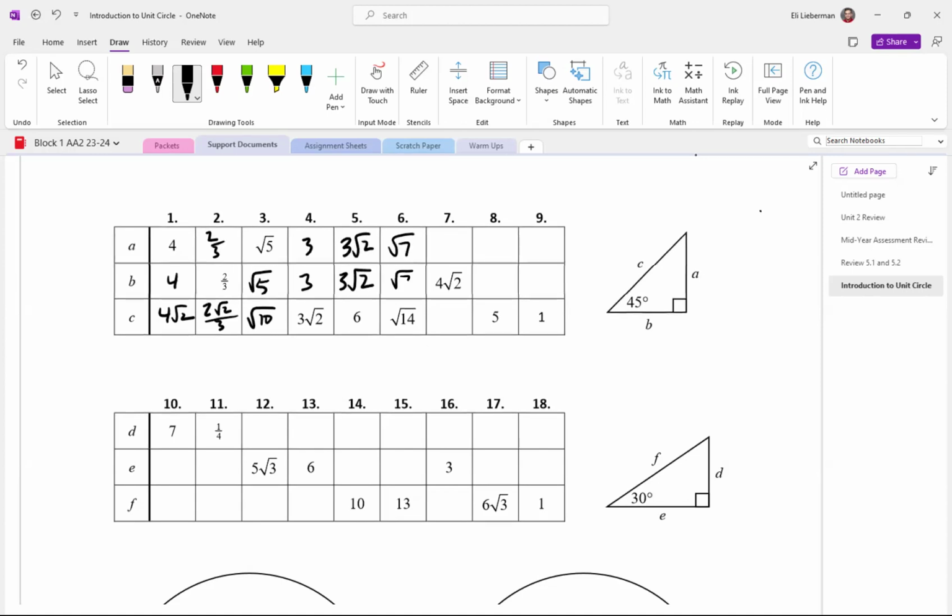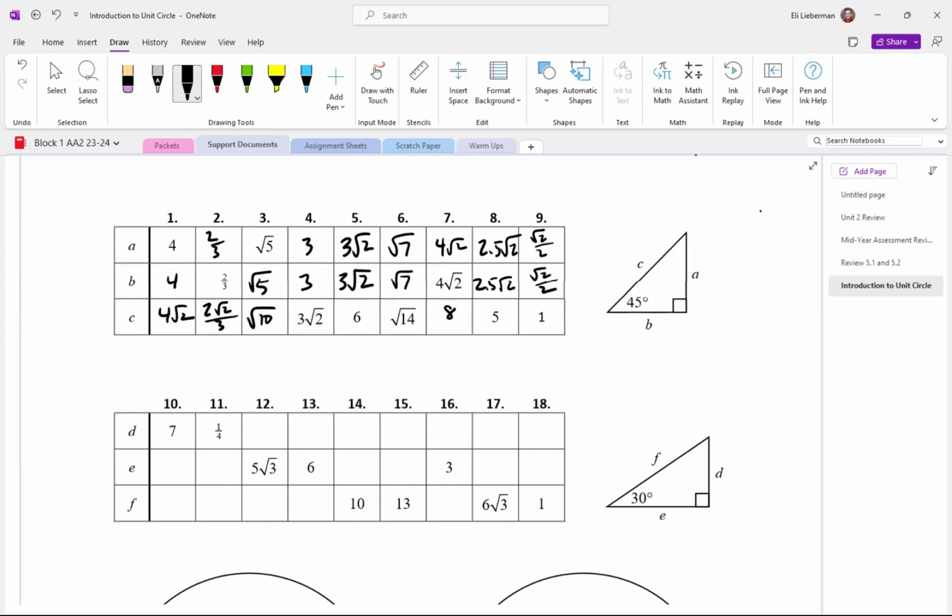Root 7, root 7. Thank you very much. Ivy. Thank you. Mia. 2.5 and 2.5 root 2, you said? 2.5 root 2. Okay, thank you. Emma. Thank you so much.